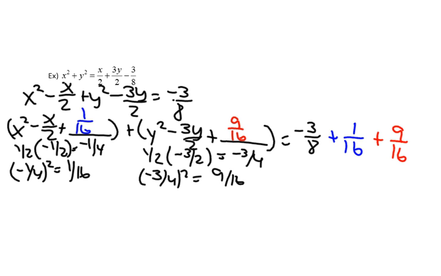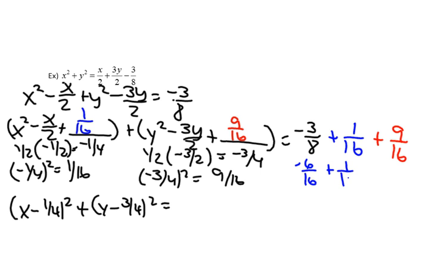Now, how do I write this? Well, it's going to be (x minus 1/4) squared plus (y minus 3/4) squared equals, well, got to do a little bit of work, so I'm going to rewrite negative 3/8 as negative 6 over 16 plus 1 over 16 plus 9 over 16. That's 4 over 16, which is the same thing as 1/4.